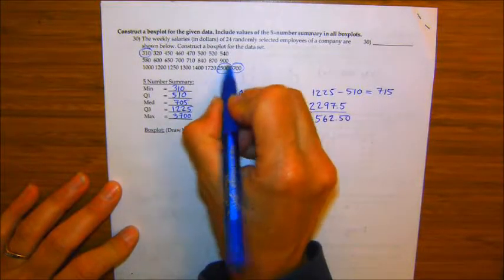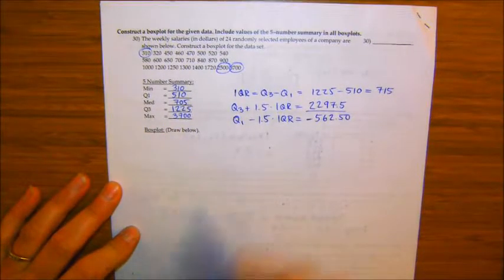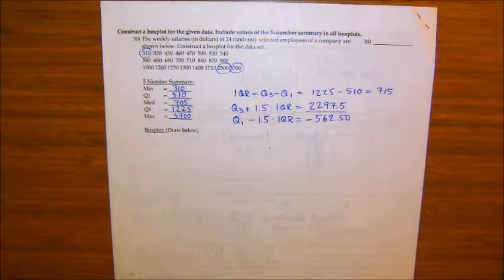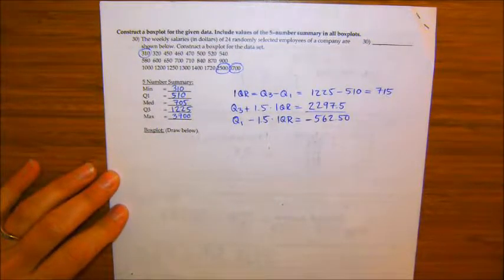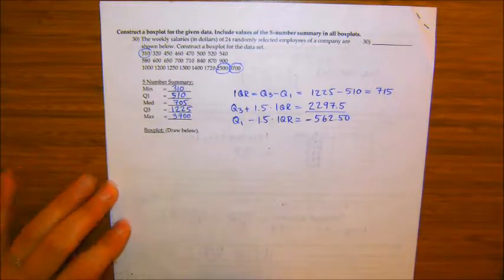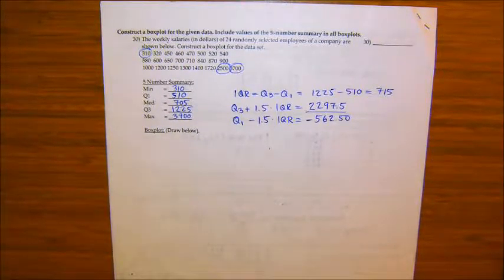And in fact, it looks like we have two outliers over here. So 2,500 and 3,700 are both outliers. So I'm going to actually graph a modified box plot. A modified box plot has the outliers indicated as an asterisk or a point.